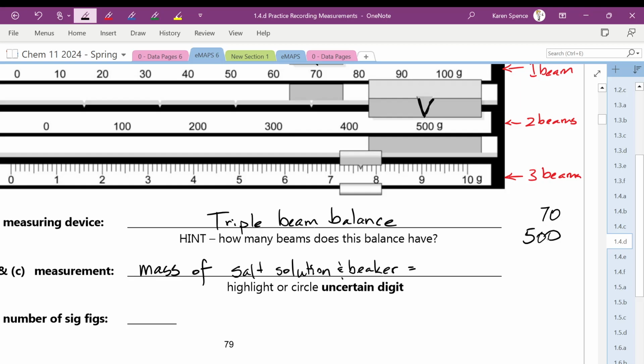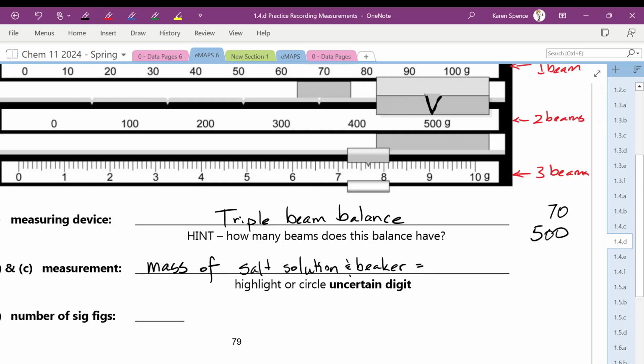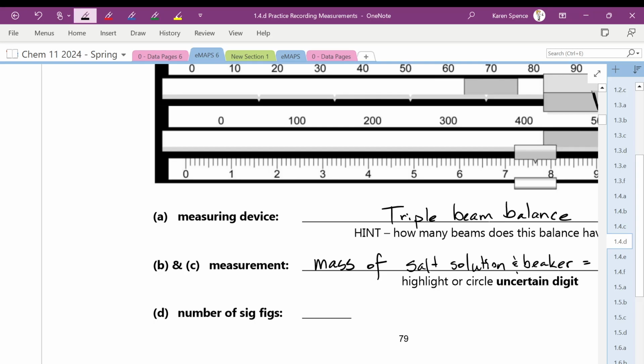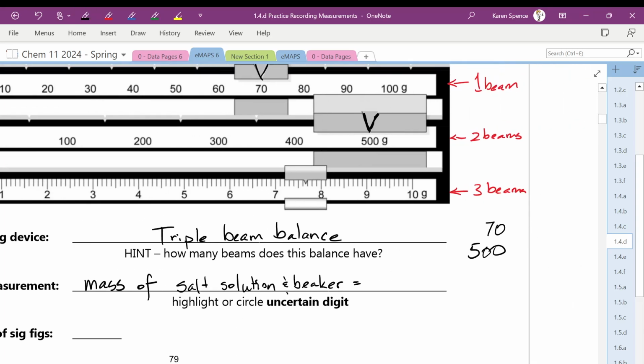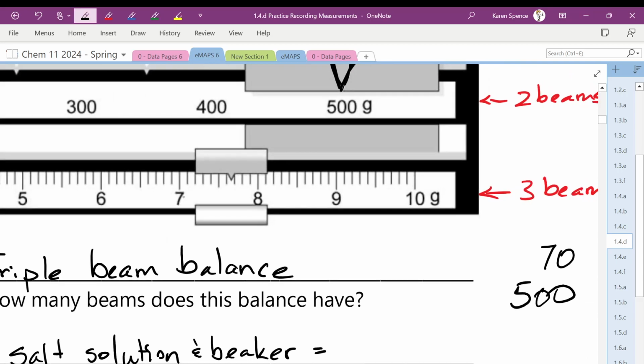And now is where we have to make sure we include our uncertain digit. So here, this is counting by ones. So we have 7 point something. What is it? 7.6. Now, are we exactly on 7.6 or are we a little past 7.6? A little past.